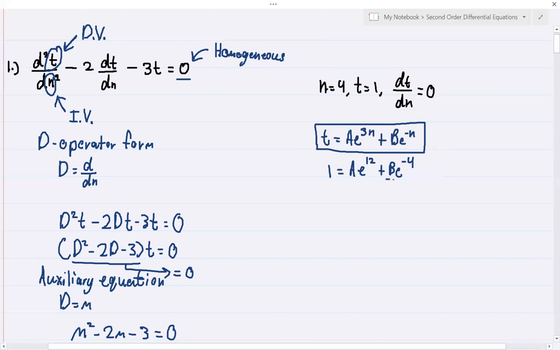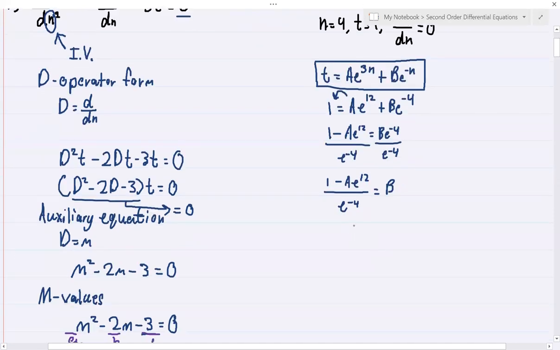For me, I'm going to start by finding my B. So I'll transpose ae raised to 12 to the left side. So we will have 1 minus ae raised to 12 is equal to be raised to negative 4. Then divide both sides by e raised to negative 4. We will have 1 minus ae raised to 12 all over e raised to negative 4 is equal to b.